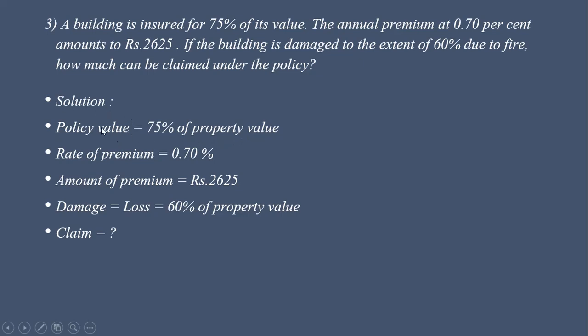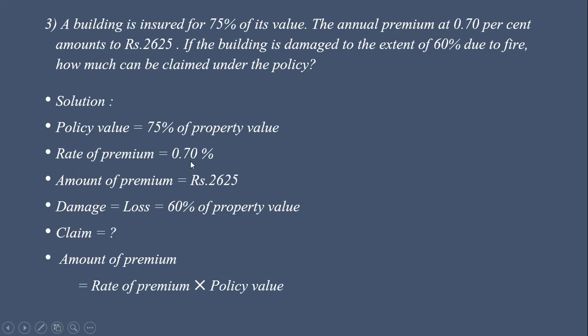So these three things, policy value, property value and loss, they are not given directly, but one relation is given. Rate of premium is equal to 0.70% and amount of premium is equal to rupees 2625. Now we know one formula between them. It is amount of premium is equal to rate of premium into policy value.